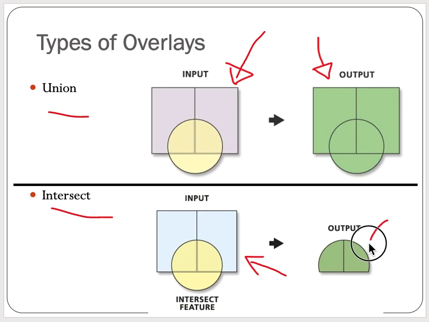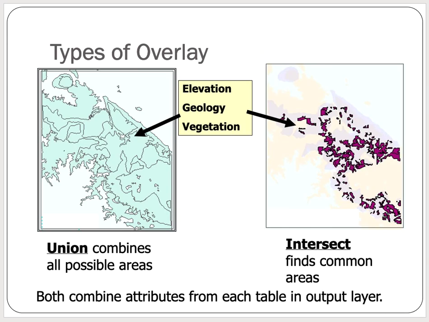So our output shows a smaller area. So union combines all possible areas, whereas intersect finds common areas. And they both combine attributes from each table in the output layer.